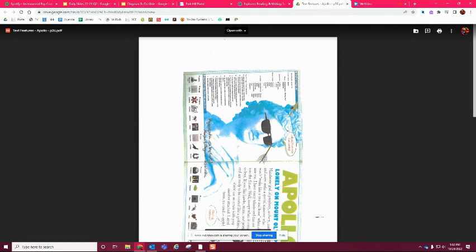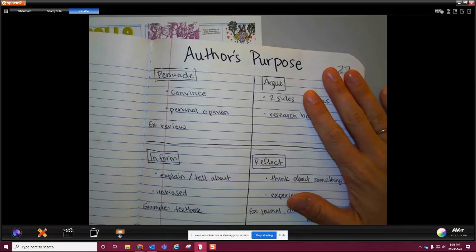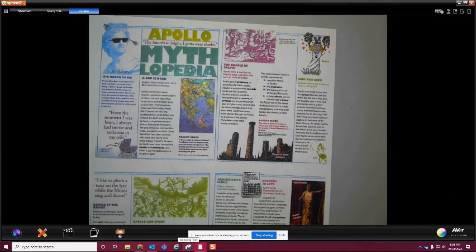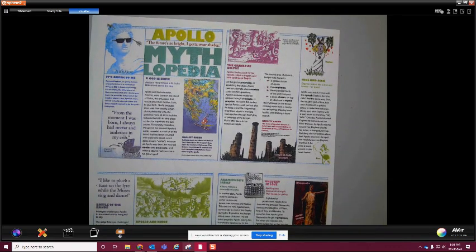Just to recap what you're doing, and again, you can go back and pause wherever you need to: I need you to send me a picture of these notes for author's purpose. That's the first thing. The second thing is I also want a picture of the text features that you found, either printed and photographed, or on a separate sheet of paper.